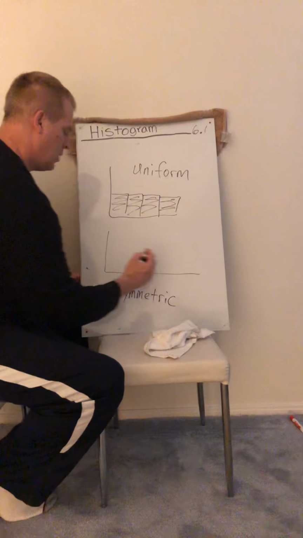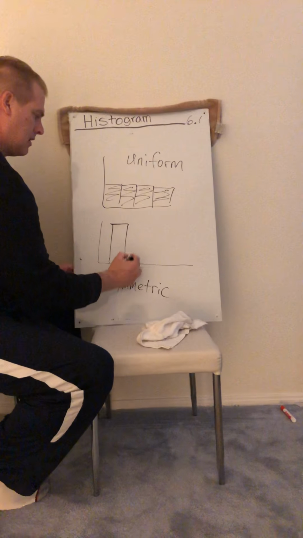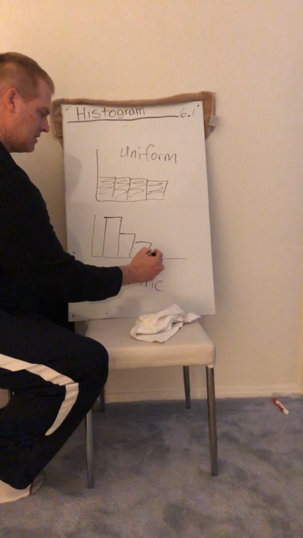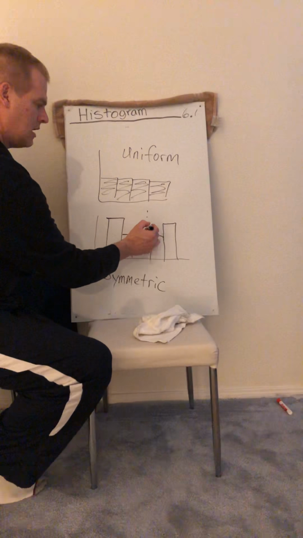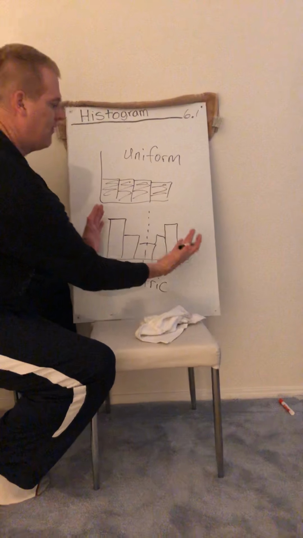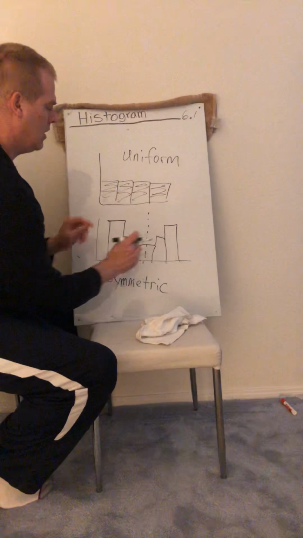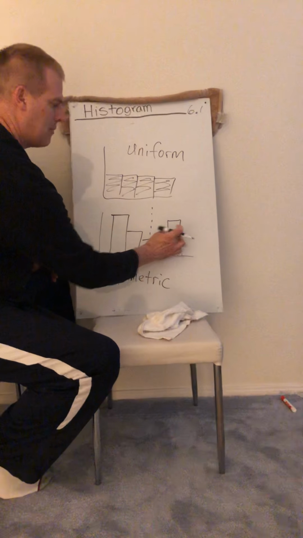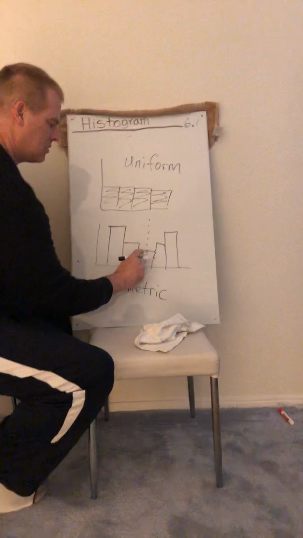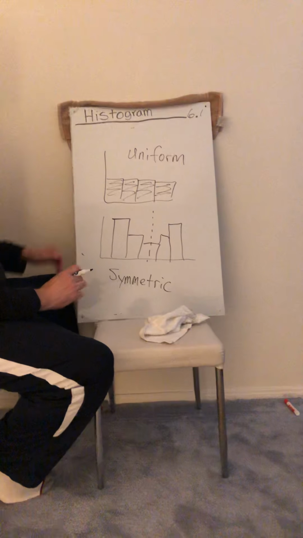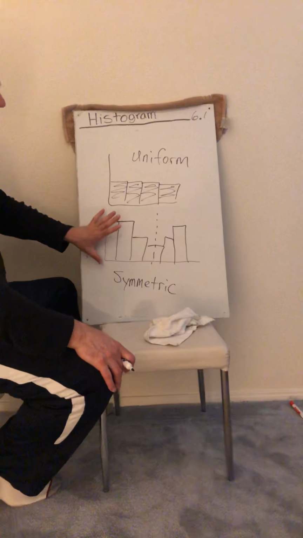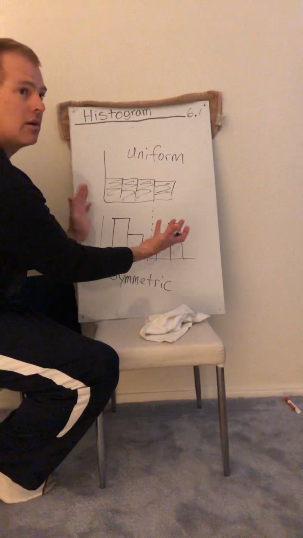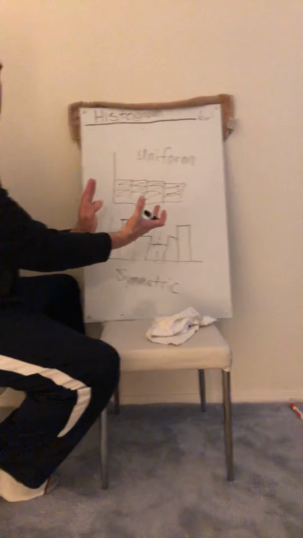Symmetric is when I have a graph like this. If I could draw a dashed line in the middle and fold it, this graph would be on top of this one, and this one splits in half. So again, uniform is when they are all the same across. Symmetric is when, if I could fold them together, they would land on top of each other.